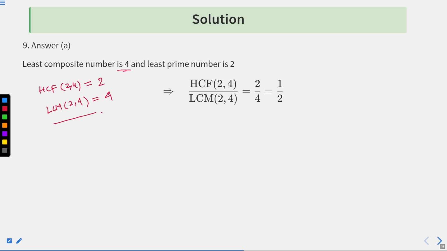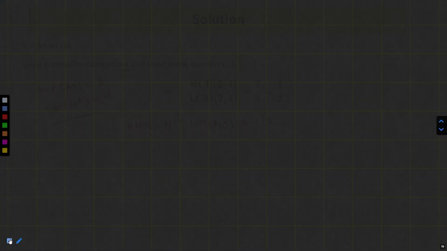Therefore HCF of 2 comma 4 is to LCM of 2 comma 4 is 1:2.